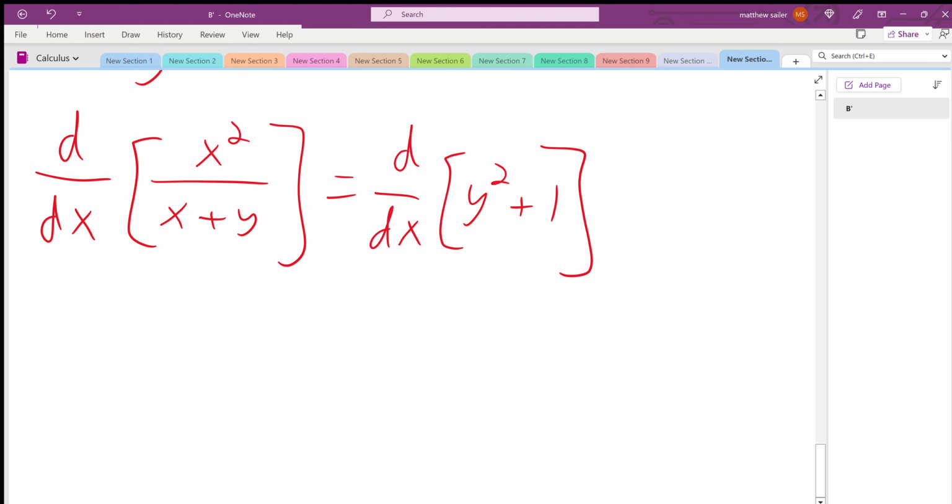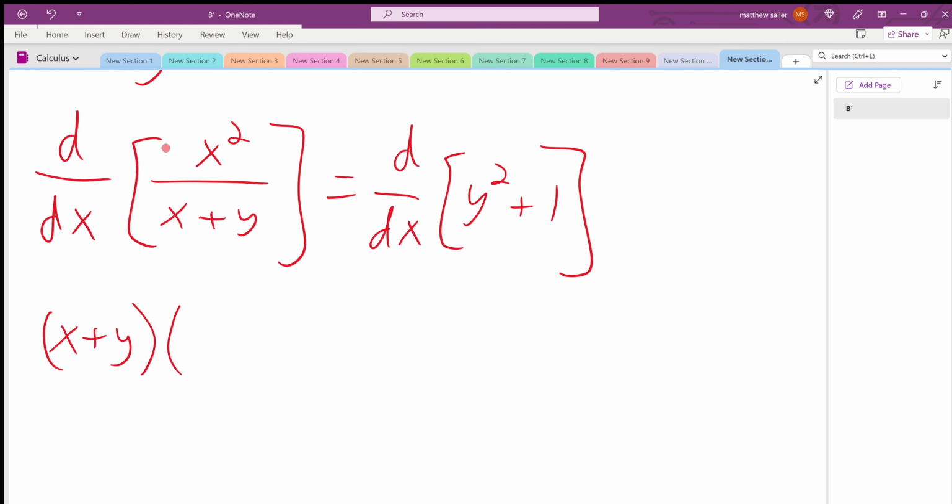So before we were always using the product rule because that's just how the problem was set up. Now we have to branch out a little more and use the quotient rule. If we remember the quotient rule from before, the derivative of a quotient is the bottom, so x plus y, times the derivative of the top.